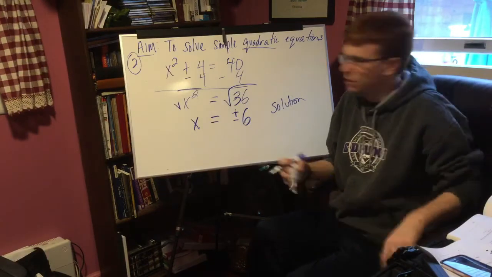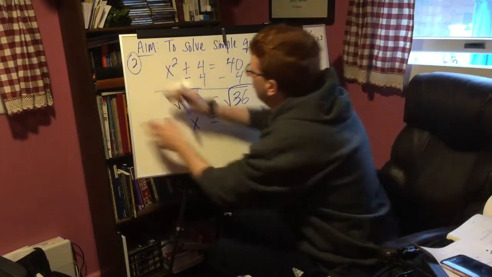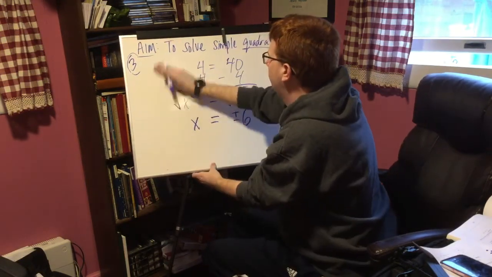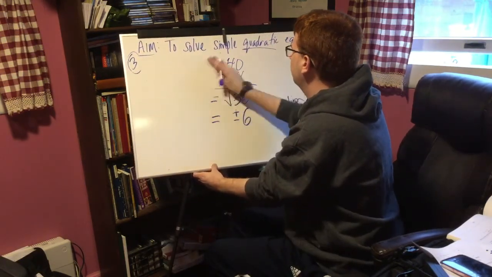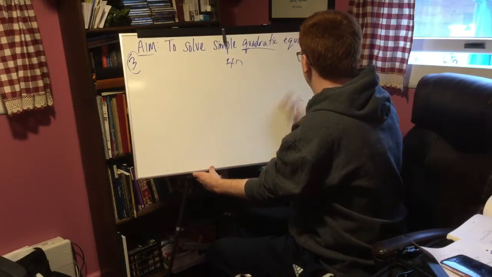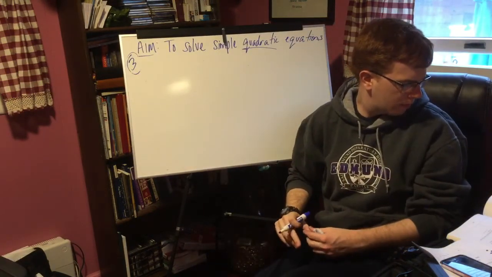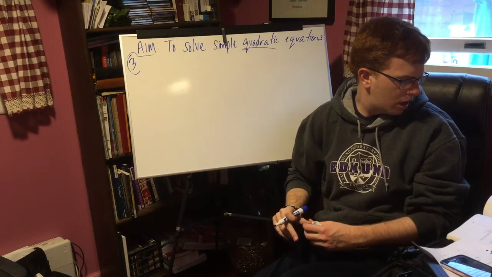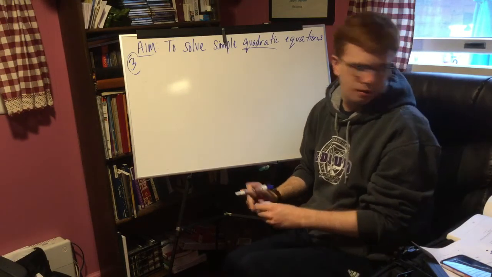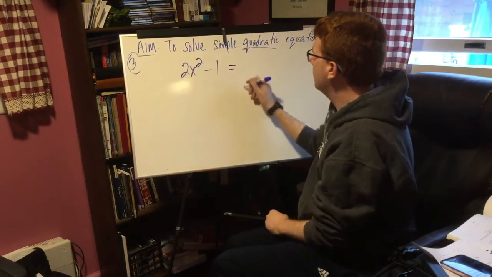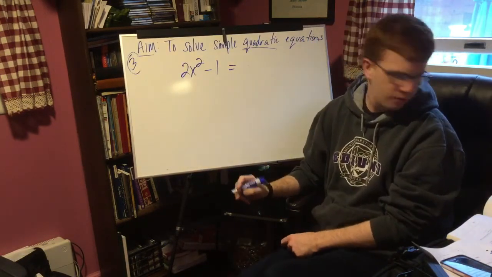Another example for this video would be the third one. 2x squared minus 1 is equal to 11.